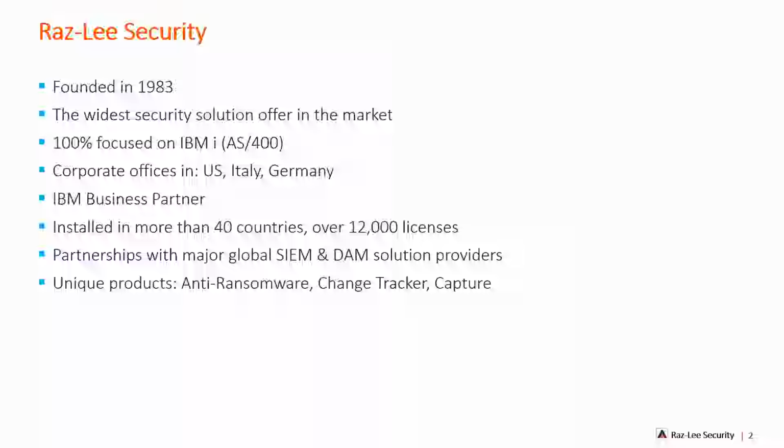Our products are installed in more than 100 countries, with over 12,000 licenses in the world, and our partners are the big companies of SIEM and DAM solution providers. We have unique products like Anti-Ransomware, Change Tracker, and Capture.